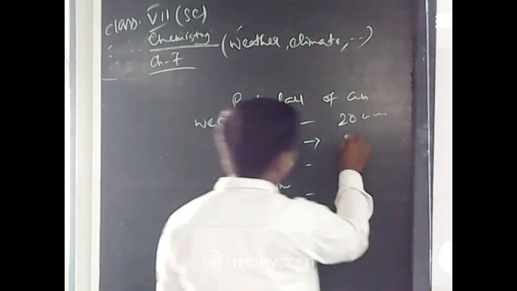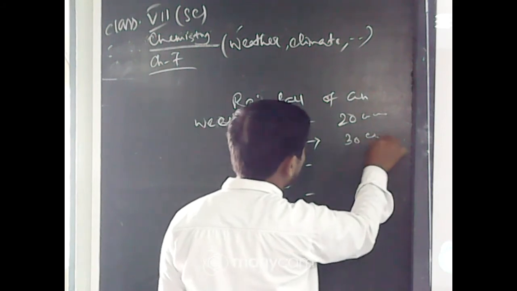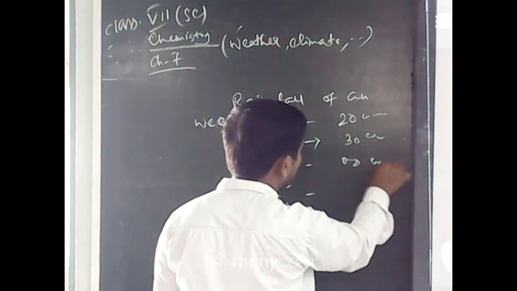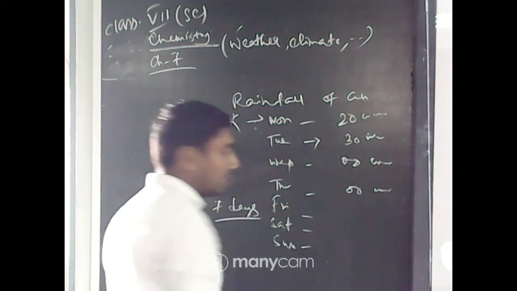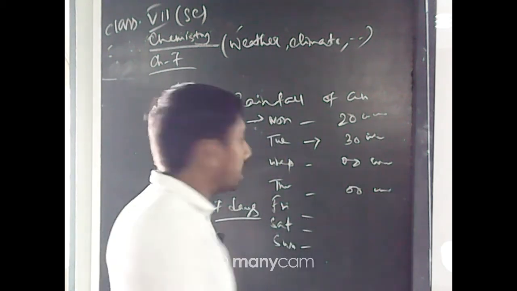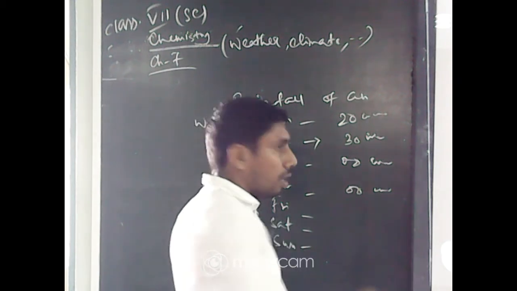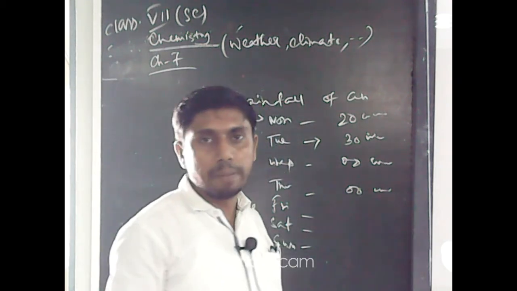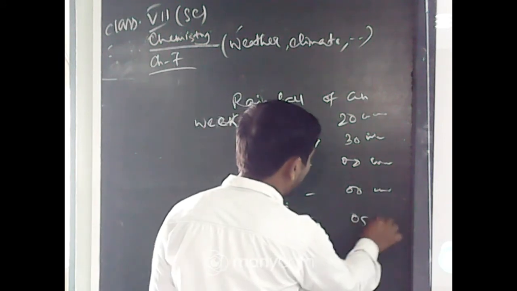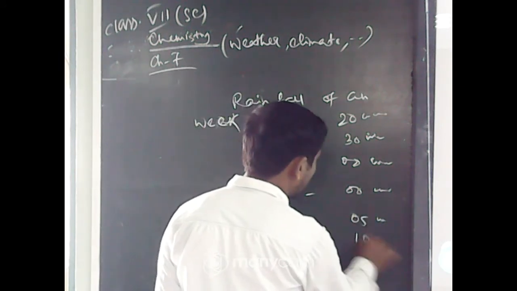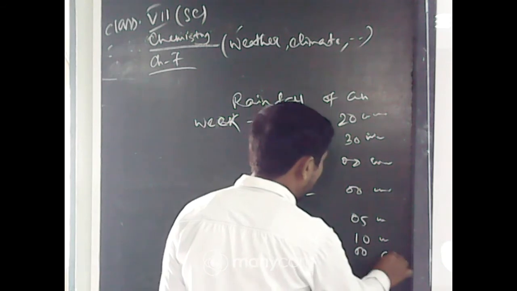Now the amount is 30 centimeter, here 0 millimeter, here 0 millimeter. In one day there may be rainfall, there may not be rainfall. Friday it is 0.5 millimeter, Saturday it is 10 millimeter, Sunday no rainfall.